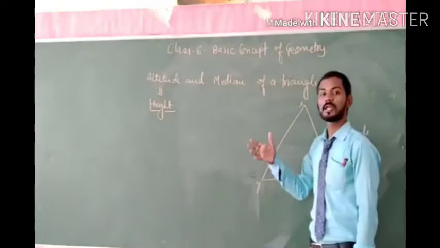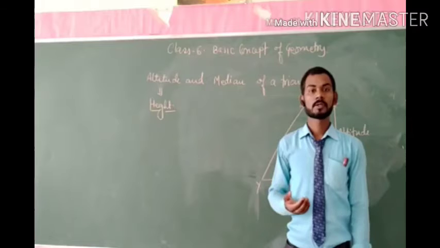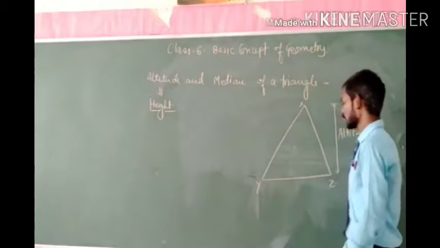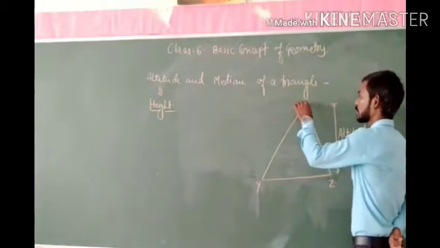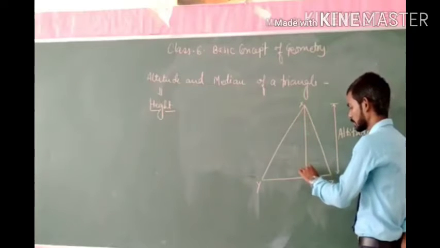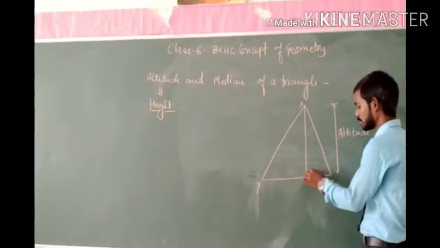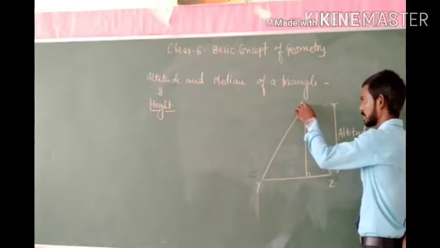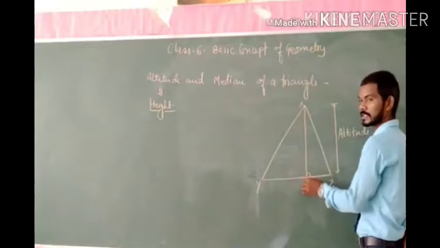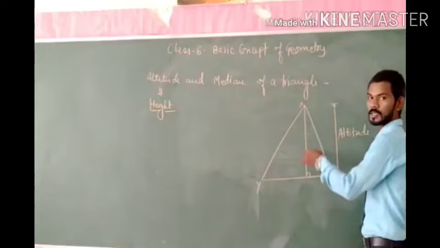We say that the length of the perpendicular from the vertex to the opposite base is called its altitude. So in the figure we can see that the distance from X to the opposite base is its altitude. This is the total height of the triangle.